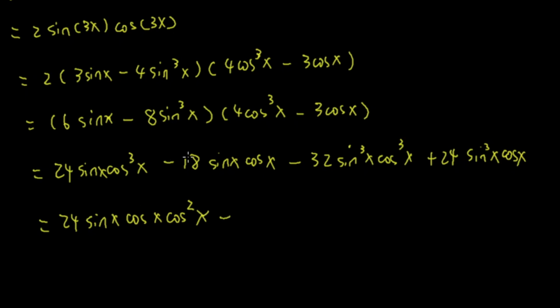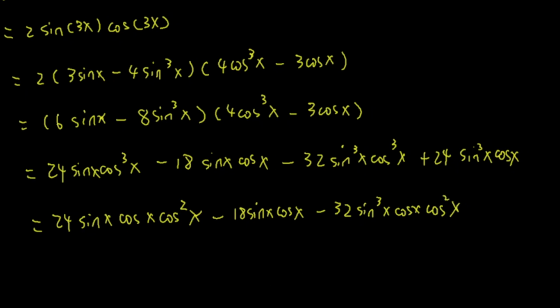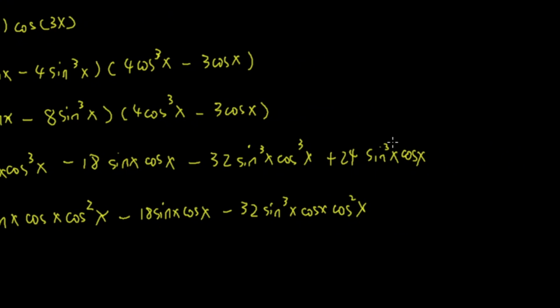Now minus 18 sin x cosine x. You cannot do too much about this, so we'll keep this the same. Now minus here, you can rewrite this 32 sin cube x times cosine x times cosine square x. Here, we'll keep the same. 24 sin cube x cosine x.